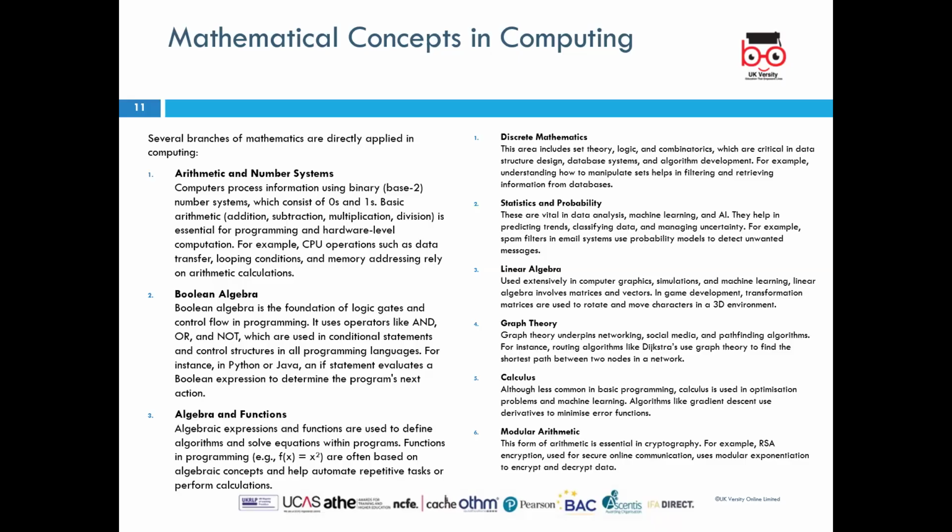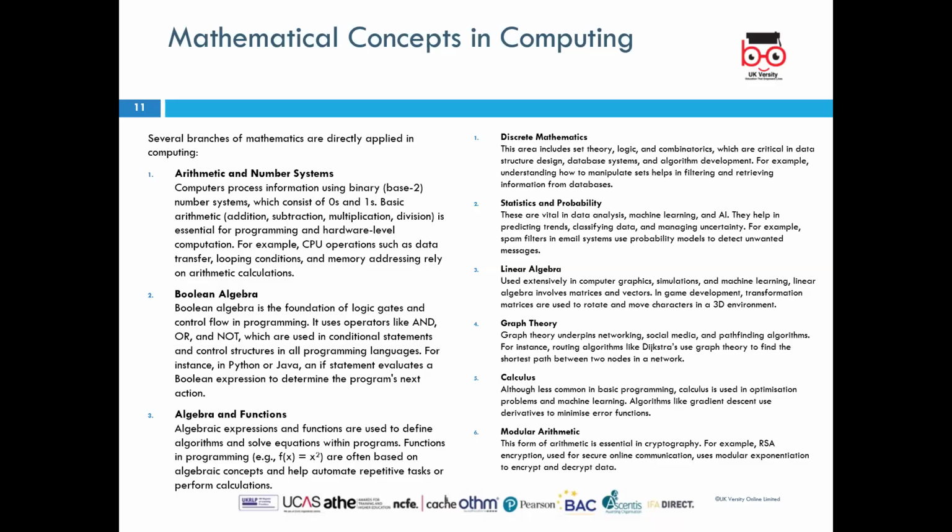Algebra and functions. Algebraic expressions and functions are used to define algorithms and solve equations within programs. Functions in programming, for example, f(x) = x squared, are often based on algebraic concepts and help automate repetitive tasks or perform calculations.